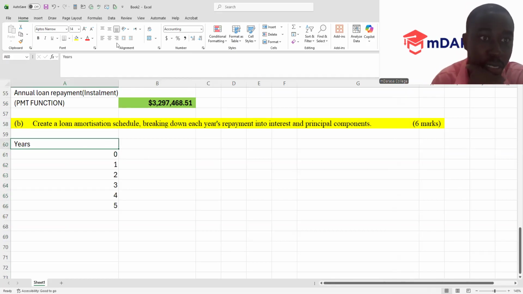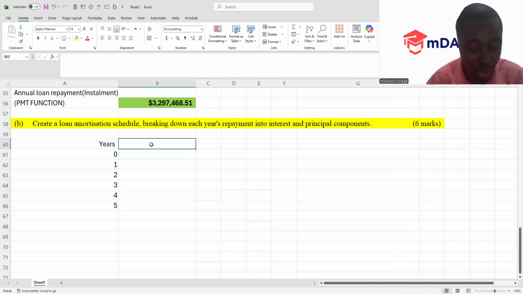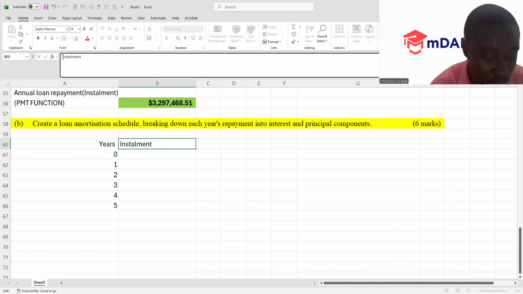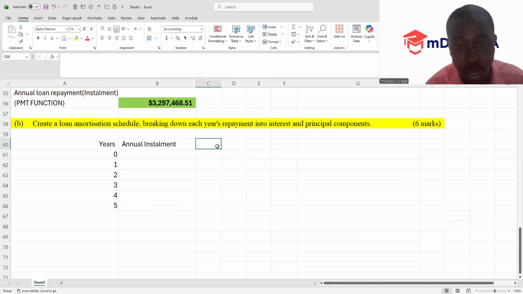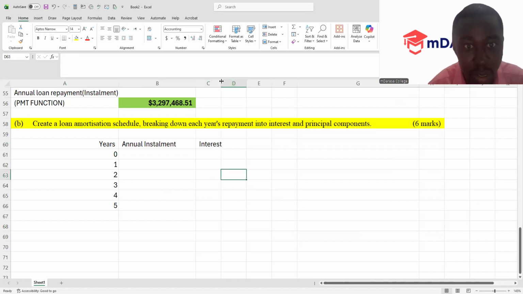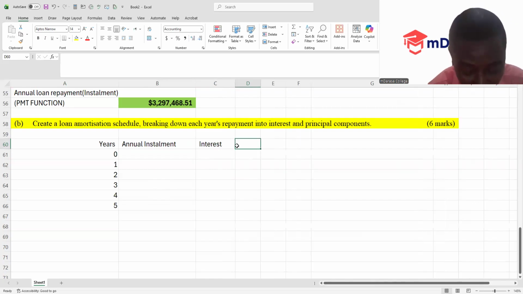So considering that, what were we asked? We need to have the installment part, whatever I'll be paying per year. These are the annual installments. The aspect of interest, plus as well the principal value.